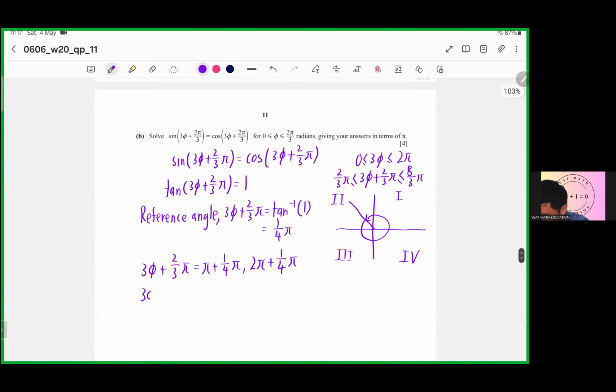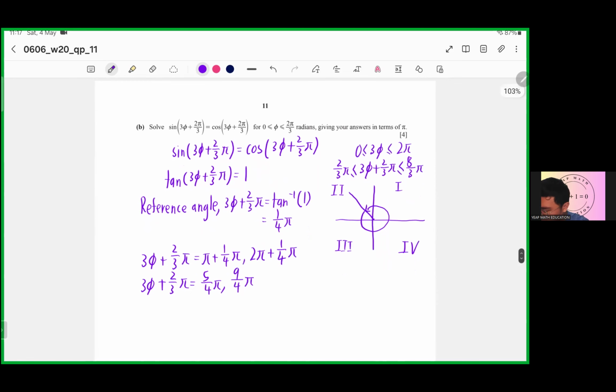So we get 3π plus 2 over 3 π equals to 5 over 4 π. And one more, 9 over 4 π. Okay, now we can start. 70 over 12 π, and then one more.